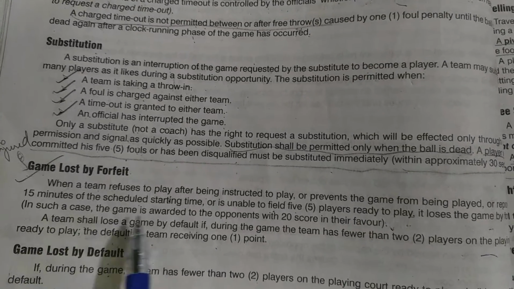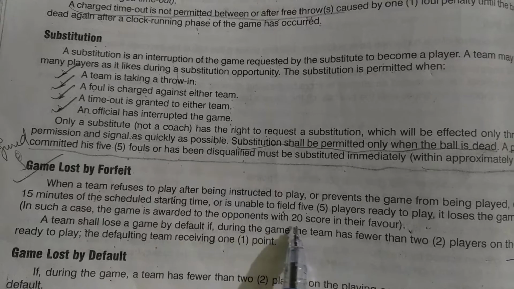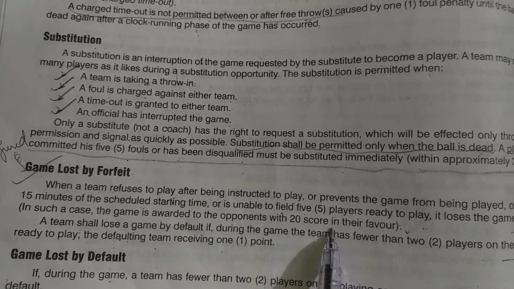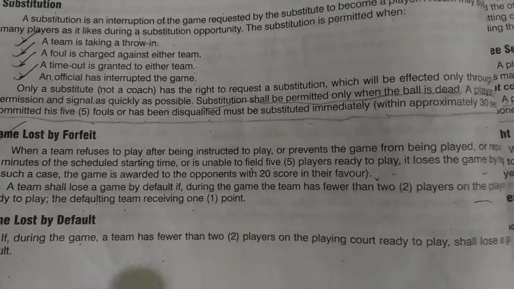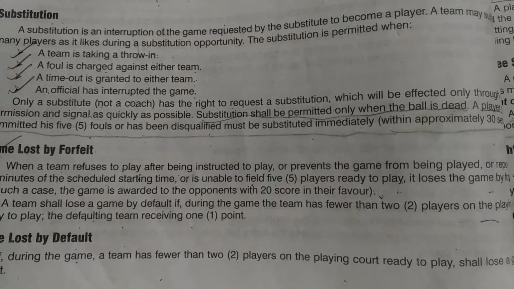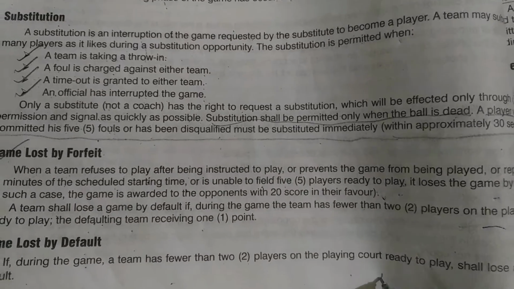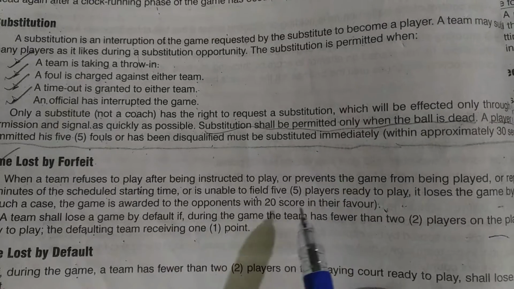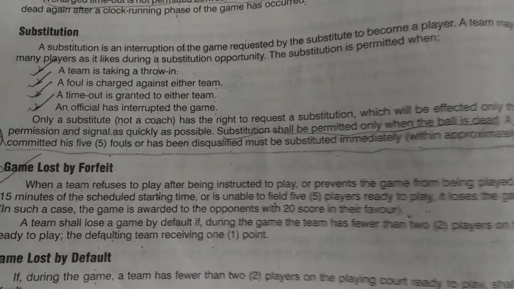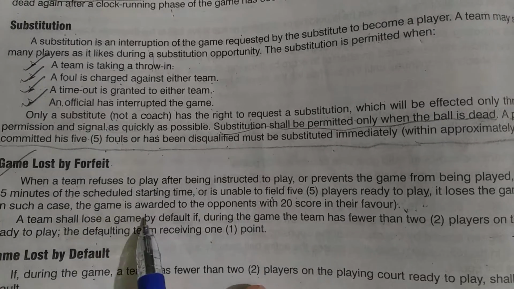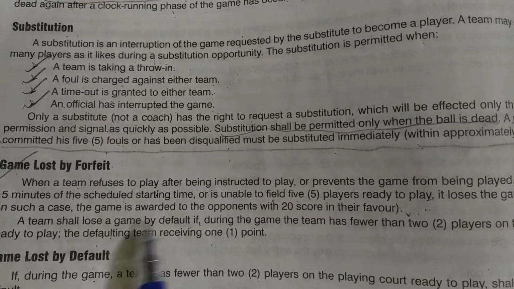In such a case, the game is awarded to the opponents with 20 scores in their favor. It means suppose one team is complete and another team is not complete. So one team is complete, then 20 scores in their favor. But the other team, the defaulting team, loses the game by default.